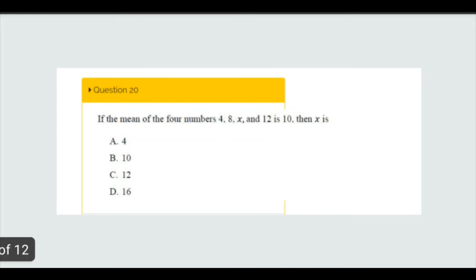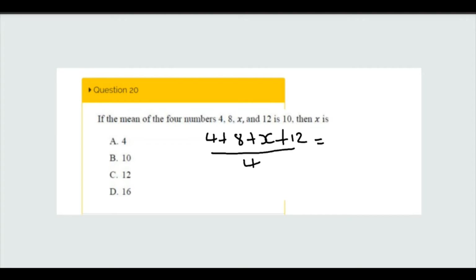So we know 4 plus 8 plus x plus 12, and divide all of that by, we got four numbers, the mean is 10. Alright, so 4 plus 8, that will give you 12, 12 and 12, that will give you 24. So we got 24 plus x divided by 4, that is equal to 10.